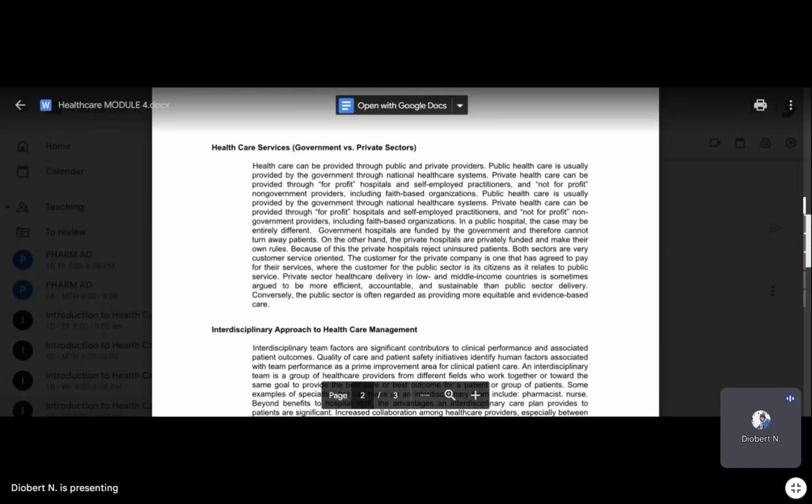If they will not work together as a team during a procedure or during the code, then probably something bad will happen to the patient. And we have a lot of characteristics to mention later on for an effective interdisciplinary team among the medical team. So who are the medical team, guys?